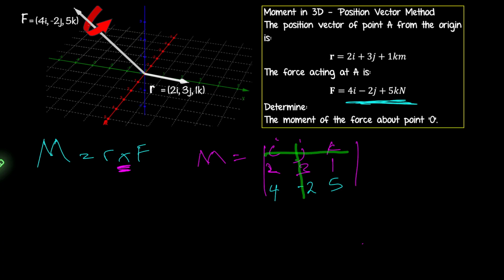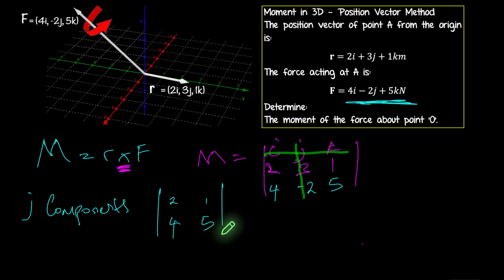That leaves us with 2, 4 in the first column and 1, 5 in the last column. We multiply in the same order: for the leading, it's 2 multiplied by 5, and for the non-leading, it's 4 multiplied by 1.